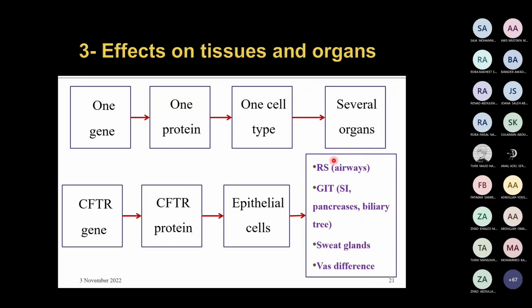It is present in the respiratory system, the airway; in the GI tract, small intestine, pancreas, and biliary tree; in the sweat glands; and in the vas deferens, which is a male internal genital organ. Because it is one tissue but present in different organs, each organ functions in a certain way, and because of loss of function, each organ is affected in a different way.